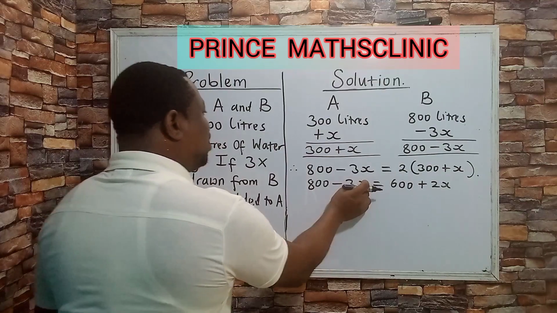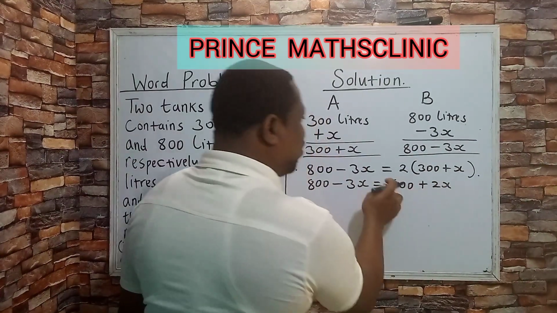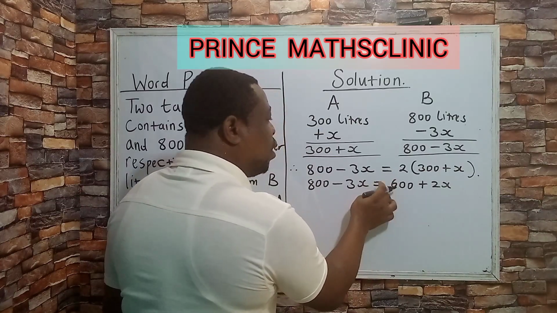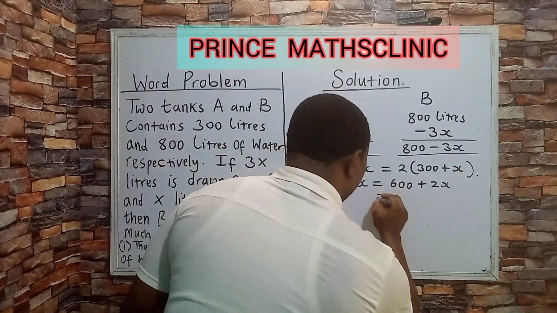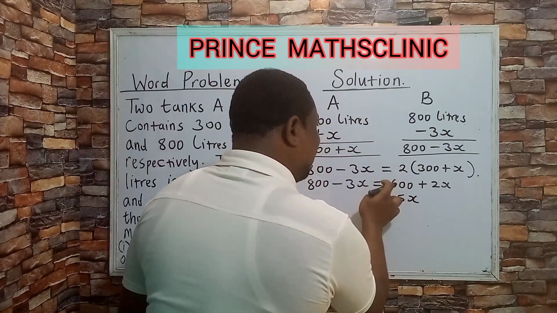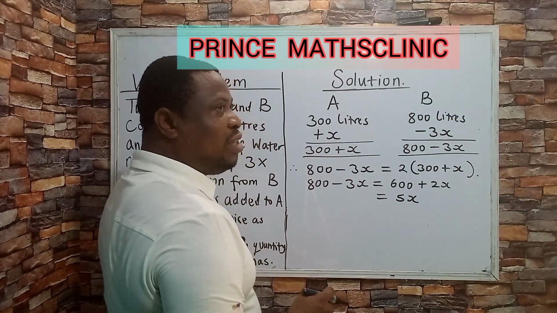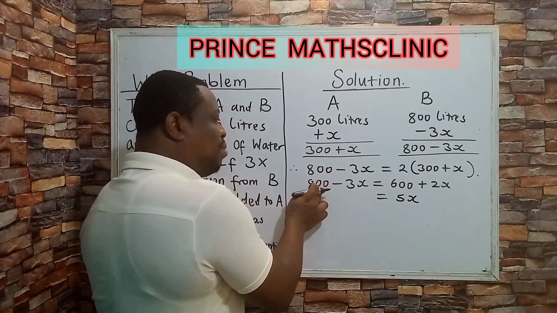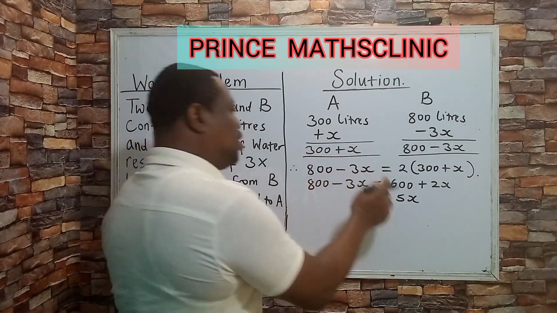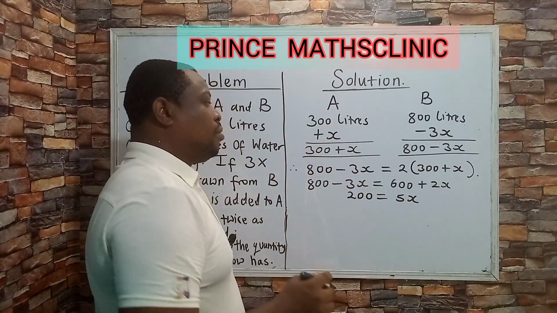Now, if I move this 3x to this place, this changes from negative to positive because it crosses the equal to sign. So that will give me what? 5x. If 600 that is positive crosses this equal to sign and comes here, it changes to negative 600. So 800 is positive here. So 800 minus 600 gives me what? 200.